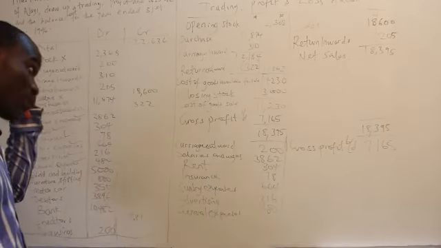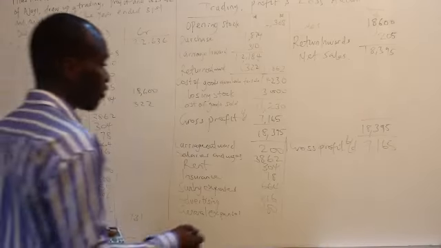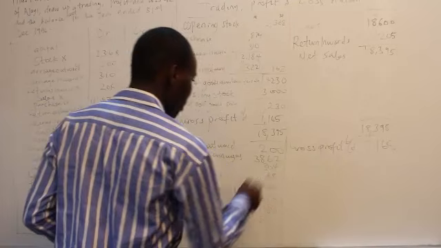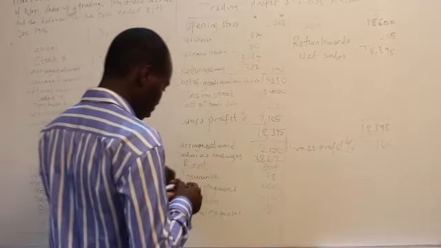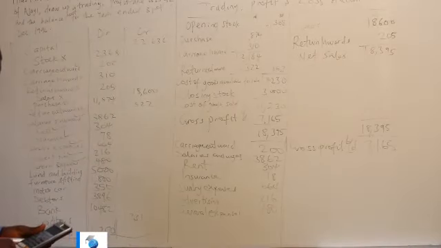So we don't have any other income. The next thing is for us to determine our net profit. So net profit is gross profit over total expenses.